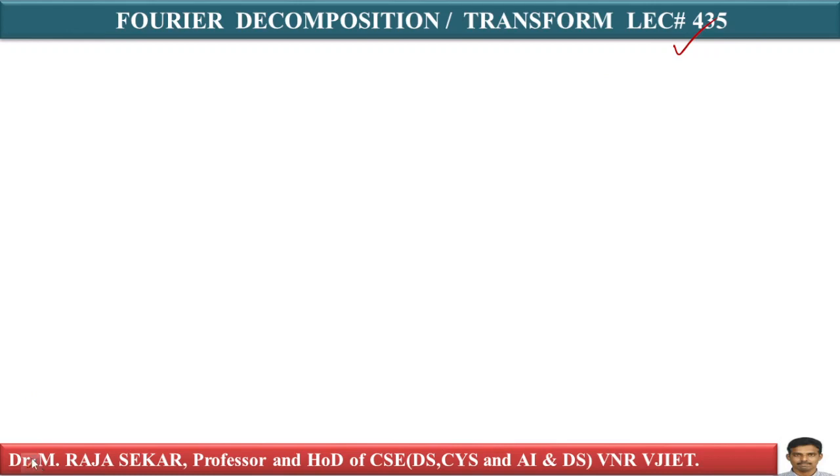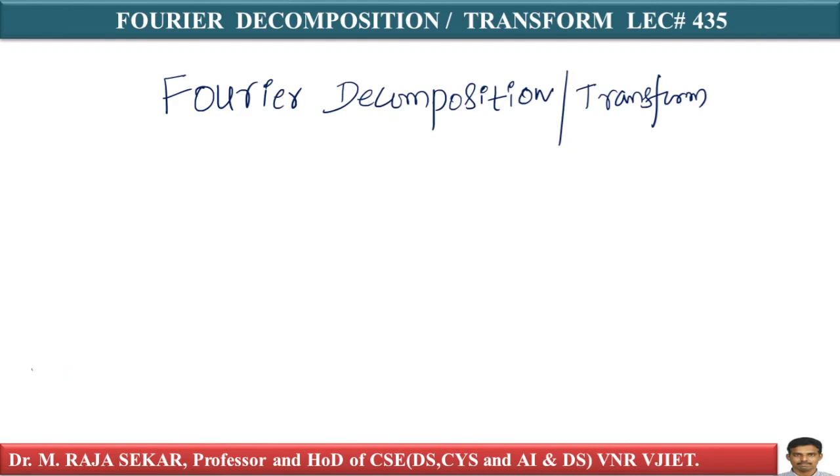In this lecture, we will try to understand Fourier decomposition or Fourier transformation. A very popular method to represent time series data is using something called Fourier decomposition or Fourier transform.